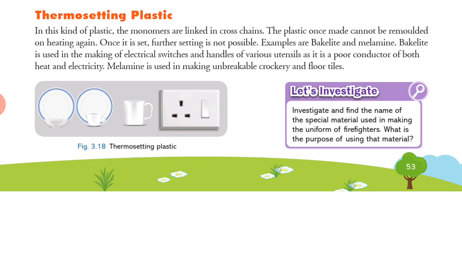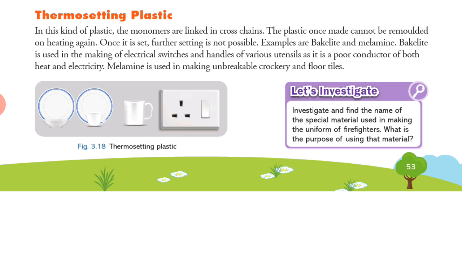Bakelite is used in making electrical switches and handles of various utensils, as it is a poor conductor of both heat and electricity. Melamine is used in making unbreakable crockery and floor tiles also. In the pictures you can see crockery items as well as electrical switches.